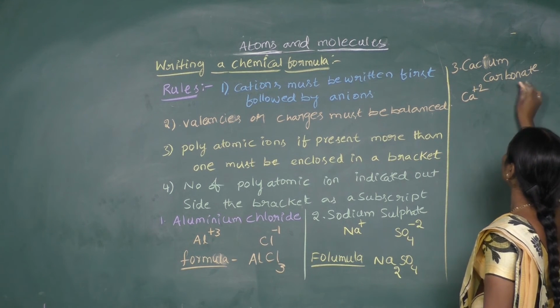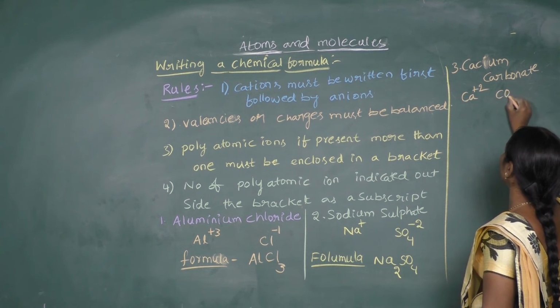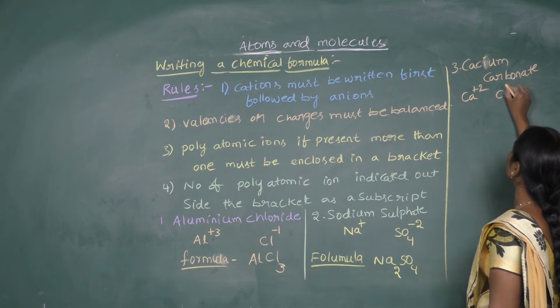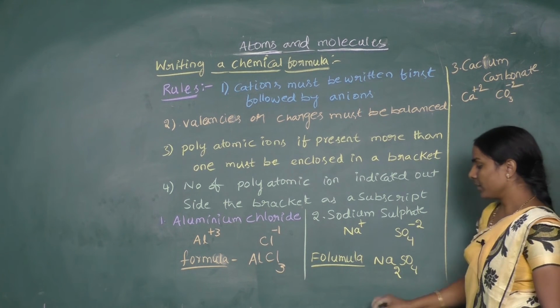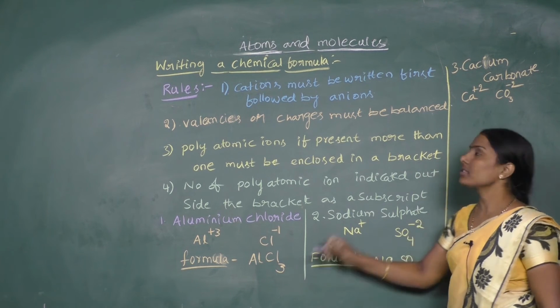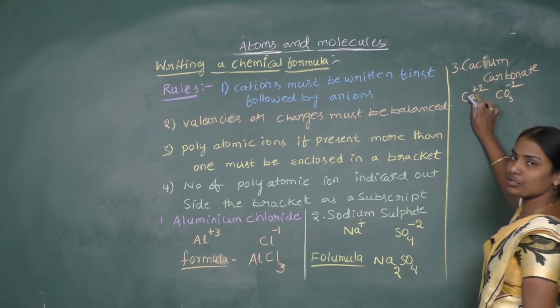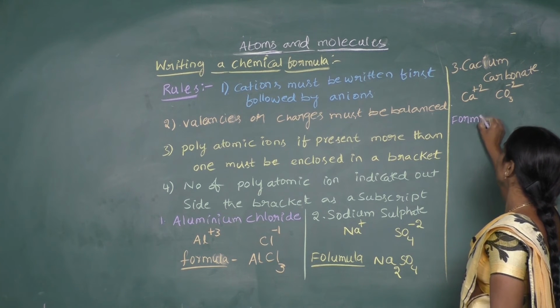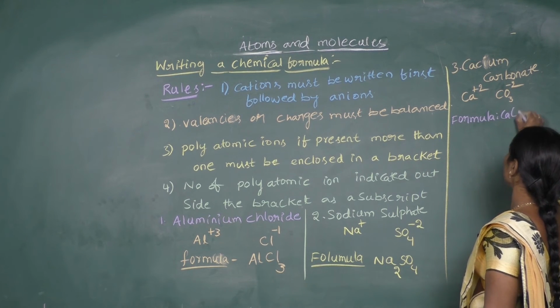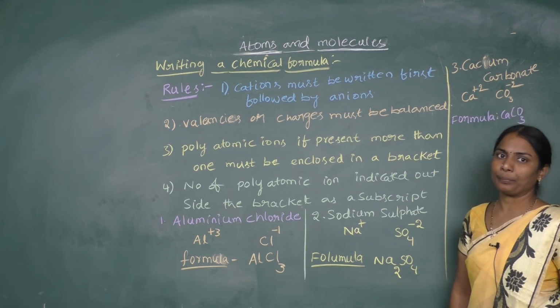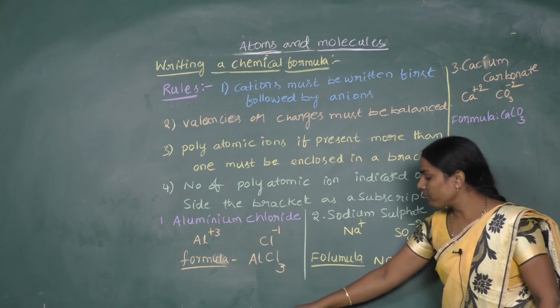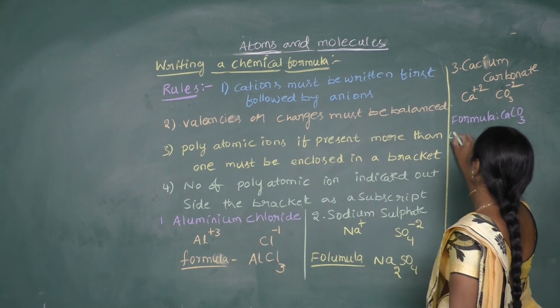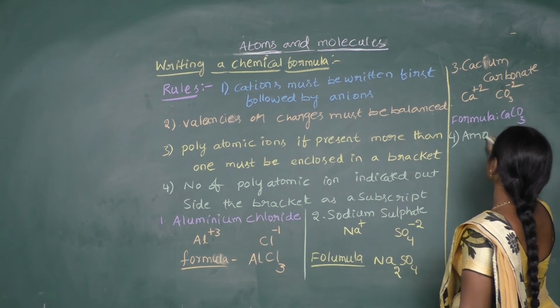The carbonate ion is CO3 -2. Now see, both charges are already balanced, +2 and -2. Hence the formula of the compound is CaCO3.